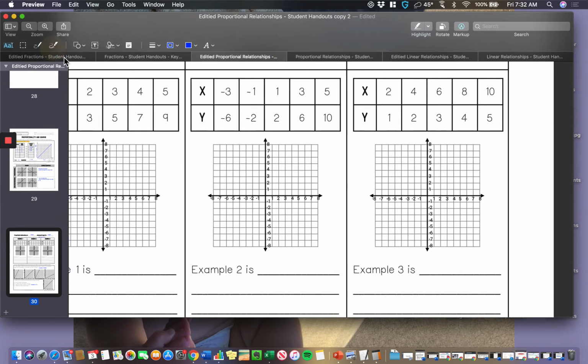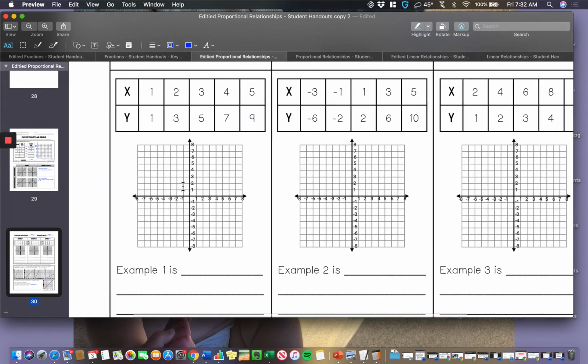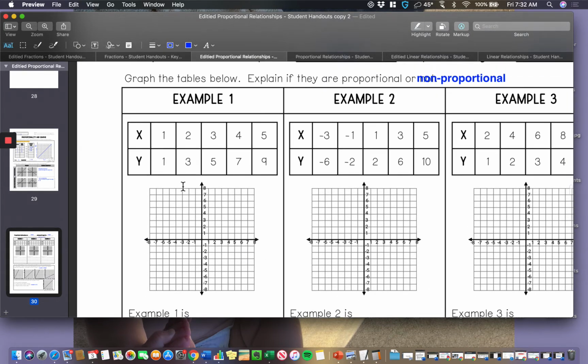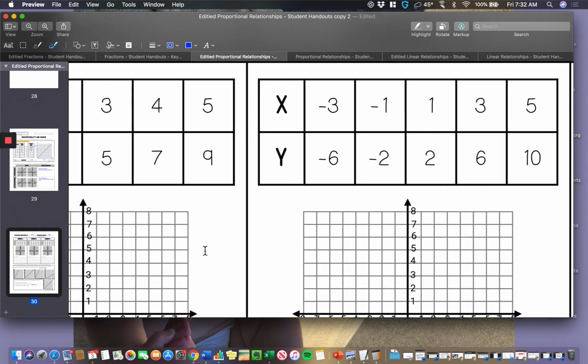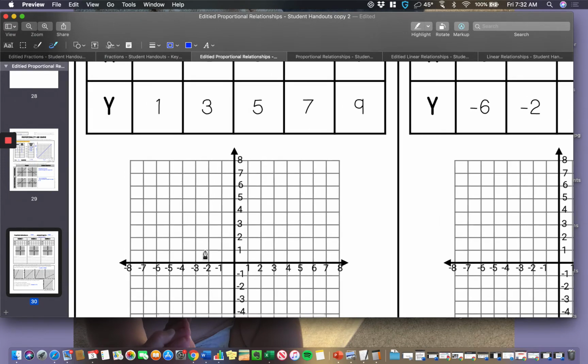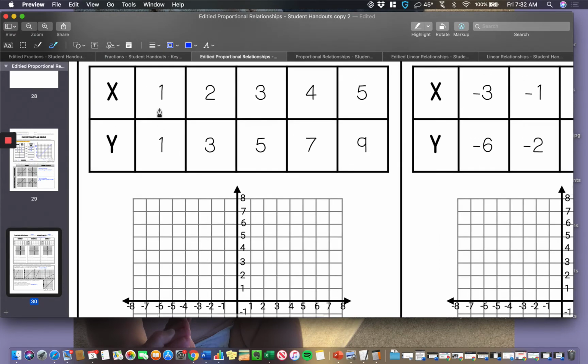All right, one thing that I'm hoping all of us are able to do is graph ordered pairs. Now, again, this is a sixth grade skill. So in example 1, my x is 1 and my y is 1. So I need to put a dot on that line. I realize that this can be a little hard to see on yours. So x is 1, y is 1. So on my x line, which is right here, and then my y.